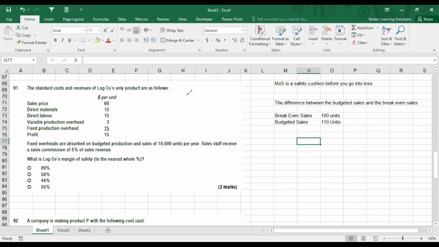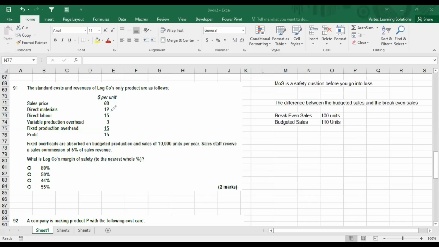By the way, margin of safety is a topic of CVP, and CVP has single-product break-even and multi-product break-even. Right now it says only product, so it is a single-product break-even. Multi-product break-even looks difficult and complex, but once you understand the logic, this also is easy. You just need to understand how to handle the multi-product. This question is for single product.